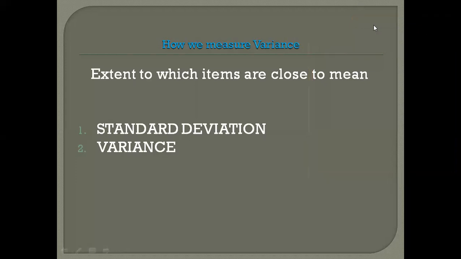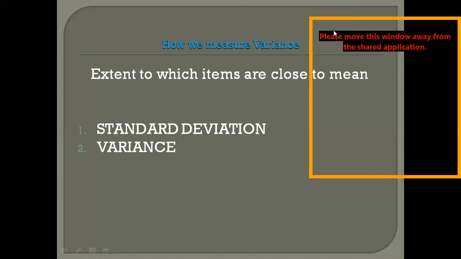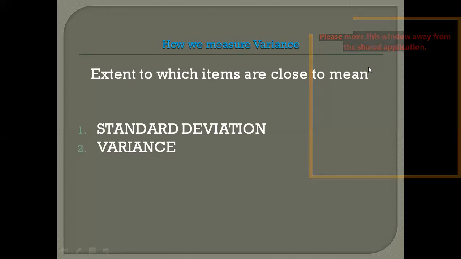But people prefer to use variance over standard deviation at times because we have some other mathematical reasons for that, which the scope of this course is not to move into.